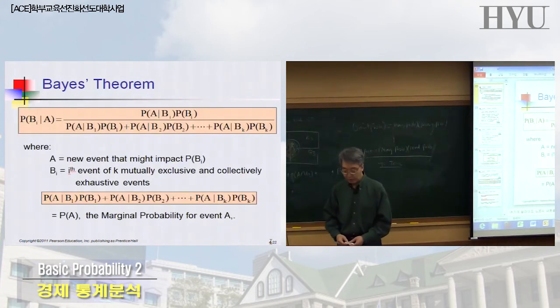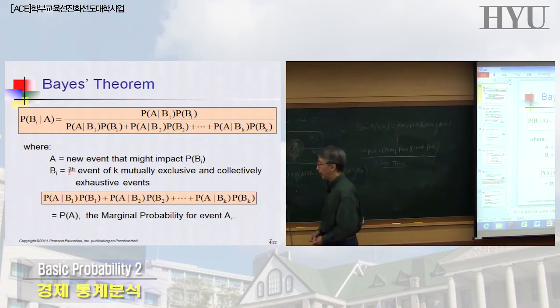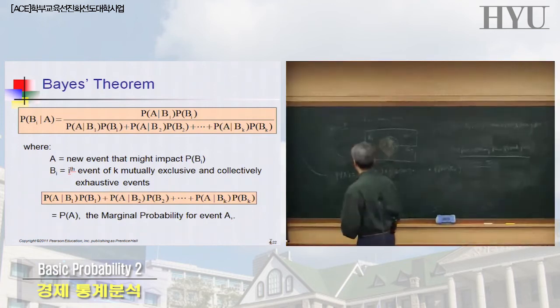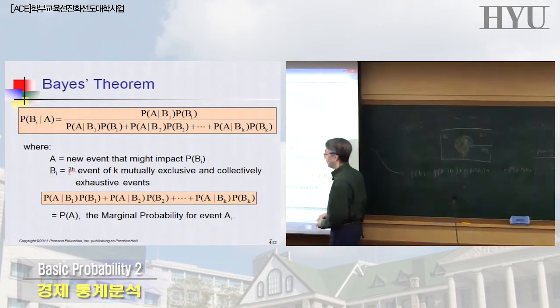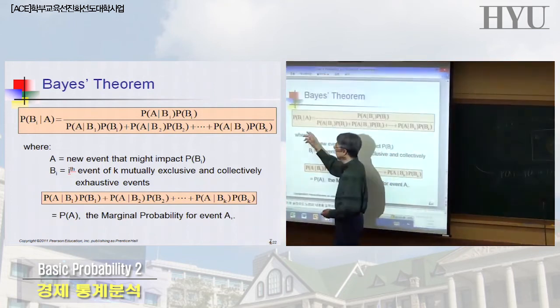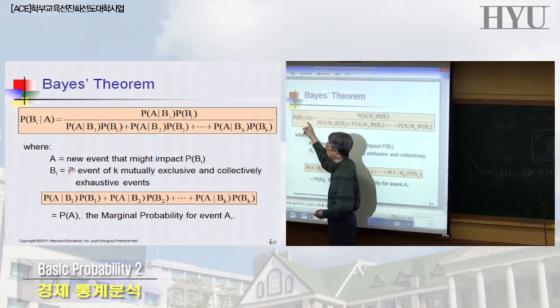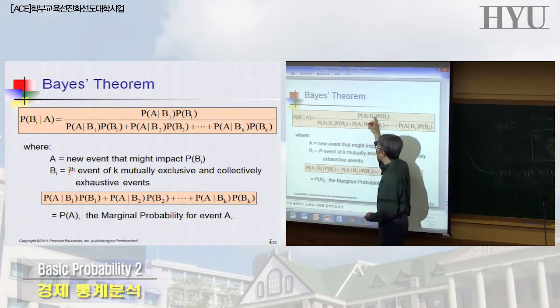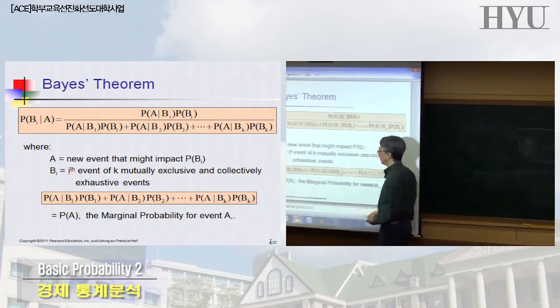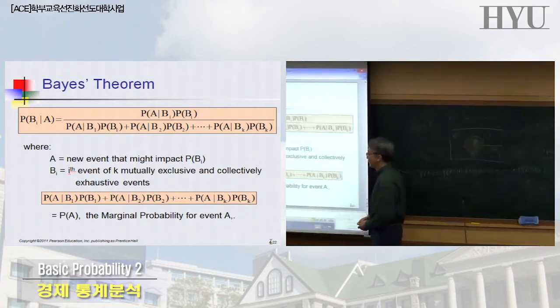And here's the actual theorem. Probability of Bi. We talked about this, B1, B2, BK, right? So the probability that any of those events will occur, given that another event has occurred, can be calculated with this formula.